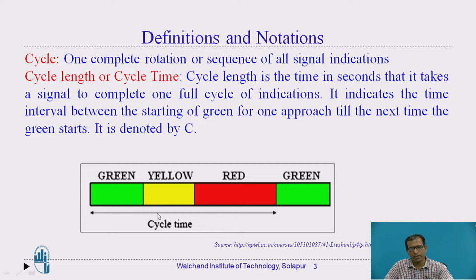In complete, it is called the cycle time. The cycle length is the time in seconds that it takes the signal to complete one full cycle of indication, that is, the interval between the starting of a green for one approach until the next time the green starts. It is denoted by C, and the cycle time is measured in seconds.